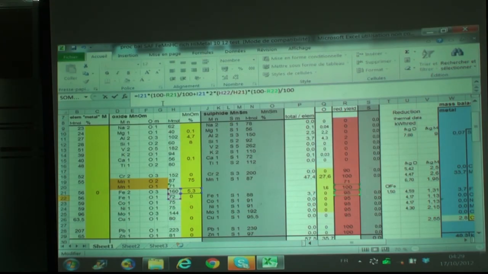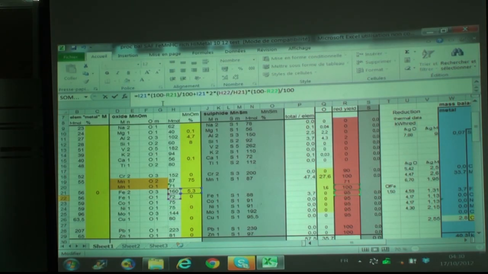This is 160. This is 72. But if you have 160 kilo Fe2O3 reduced to FeO, they don't give 72.